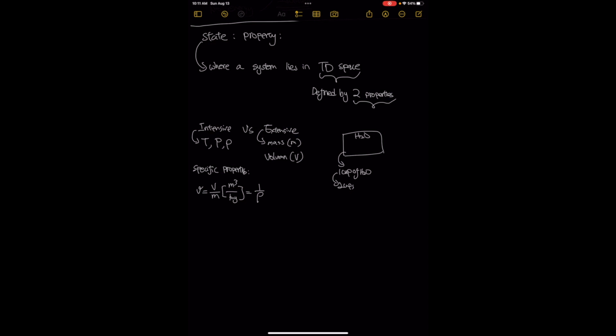One thing I really want you to remember is the density of water. You should know this off the top of your head. It is around 997 kilograms per meter cubed, right? Sometimes for simplicity, we just say 10 to the power 3, right?